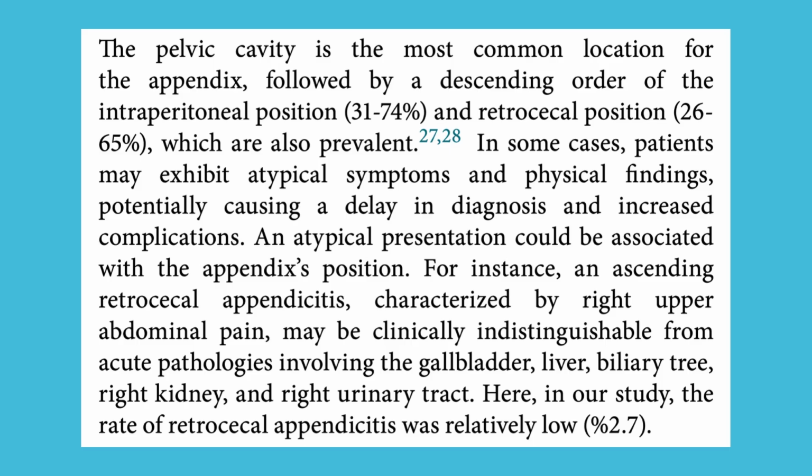An atypical presentation could be associated with the appendix's position. For instance, an ascending retrocecal appendicitis, characterized by right upper abdominal pain, may be clinically indistinguishable from acute pathologies involving the gallbladder, liver, biliary tree, right kidney, and right urinary tract. Here, in our study, the rate of retrocecal appendicitis was relatively low, 2.7%.